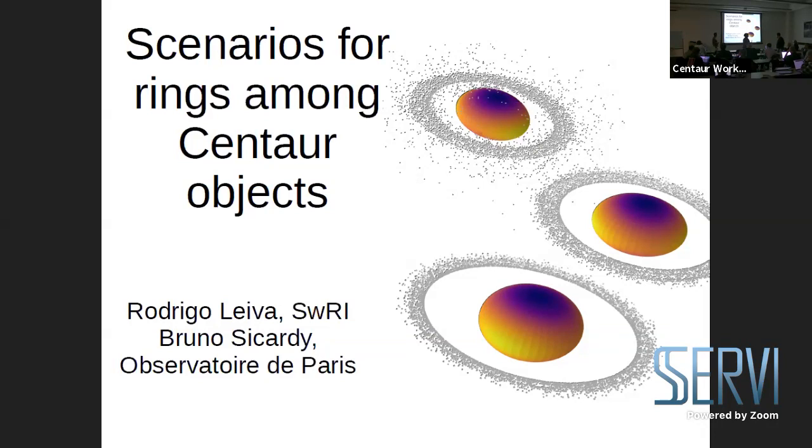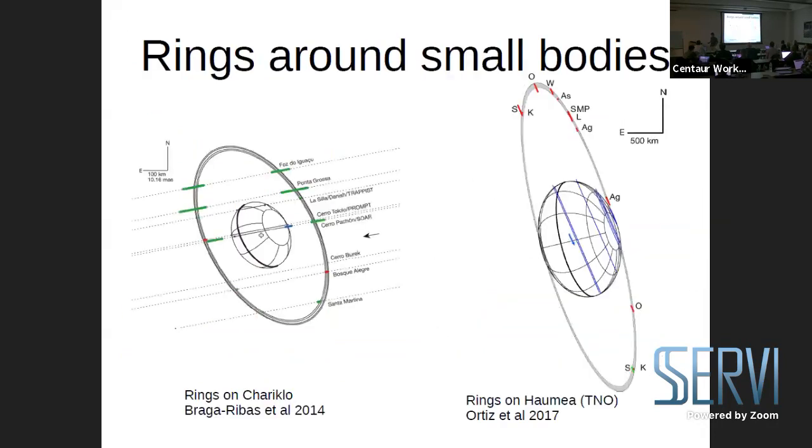Okay, so the motivation for this is, as was mentioned before, that we have a couple of small objects, and the only ones so far that we are sure have rings around them. Chiron is a suspicious object, but I'm not including that one here, though it will be mentioned later. So it's essentially Chariklo, which was discovered in 2013, and Haumea more recently, a couple of years ago.